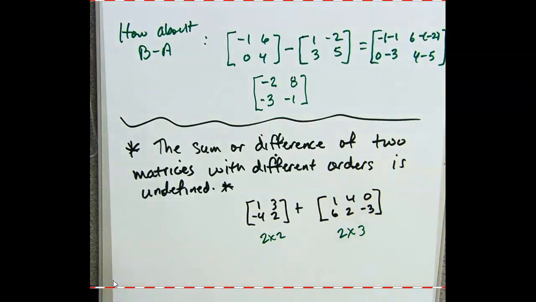The only time you can add and subtract matrices is if the orders are exactly the same. Now, when we get to multiplication tomorrow, that's a little different story. But as far as adding and subtracting, we can't do that.